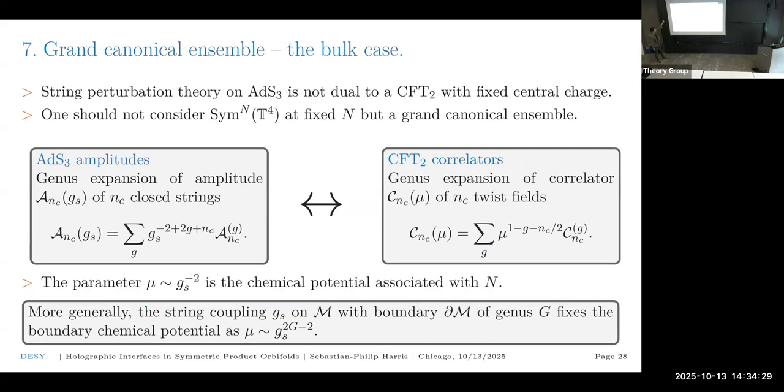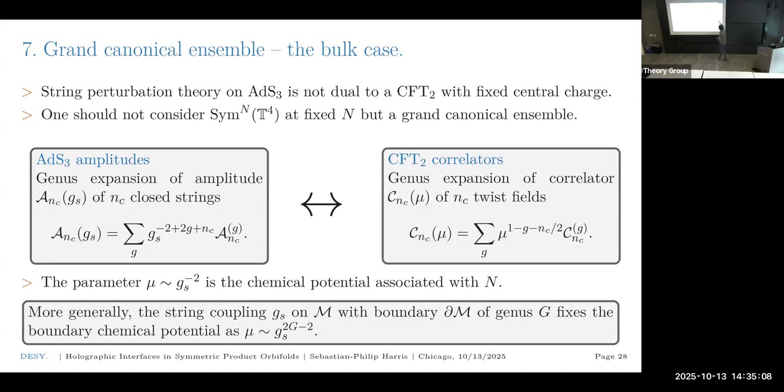Well, I already said that already in the bulk case, the grand canonical ensemble is necessary to create this connection to the genus expansion of string perturbation theory. If you look at the expansion of string scattering amplitudes of NC closed strings, and look at the contribution of genus G worldsheets, you find scaling with the string scale like this, string coupling like this.